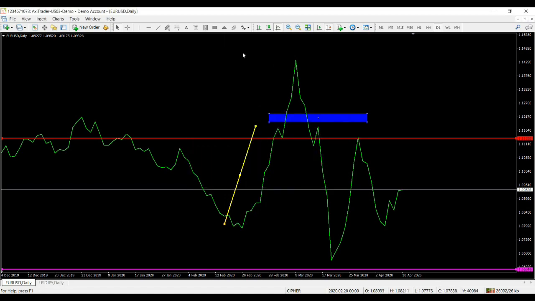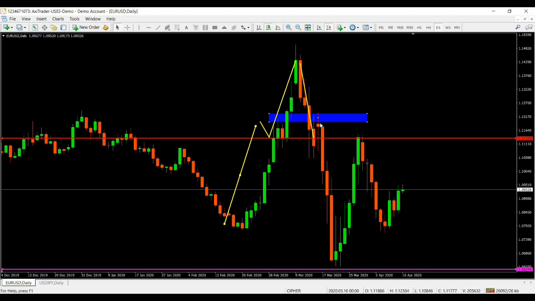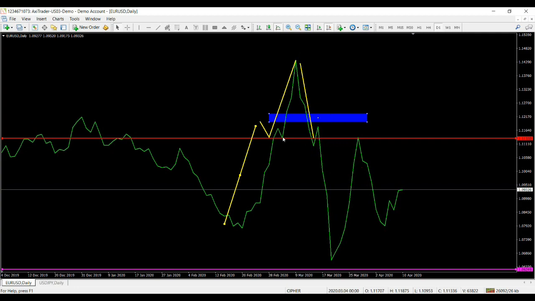The price went up, down, and again it went up. Actually, it has continued to go up, but let's see, according to the pattern, when it comes here, it should retrace a bit. This is the perfect line chart support or demand area here.